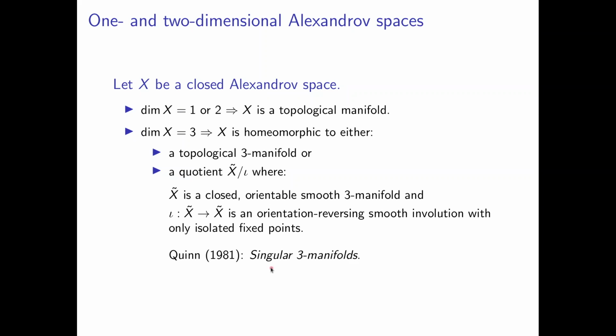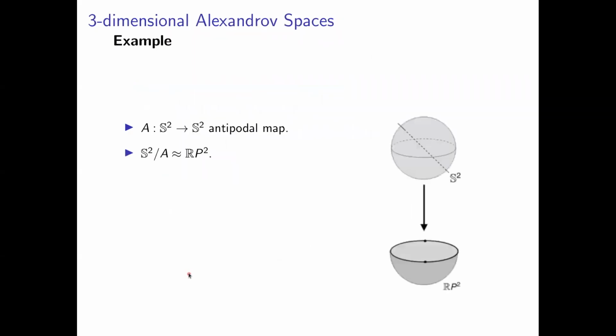Some things were proven, but there wasn't so much work done on that. They were introduced by Quinn in 1981. So you can say that the underlying topological space of a non-manifold Alexandrov space is a singular 3-manifold in this sense of Quinn.